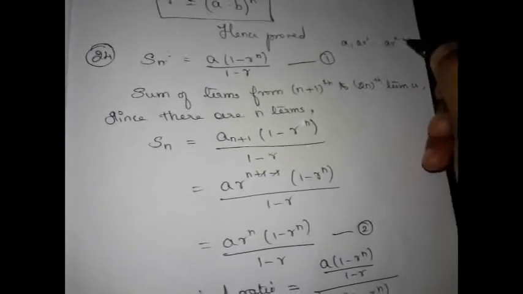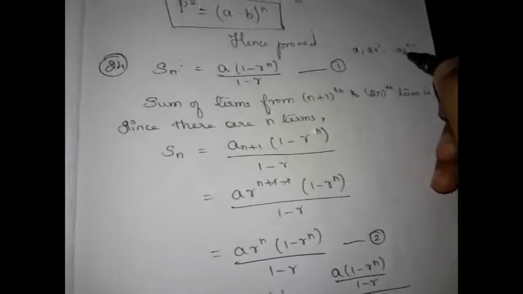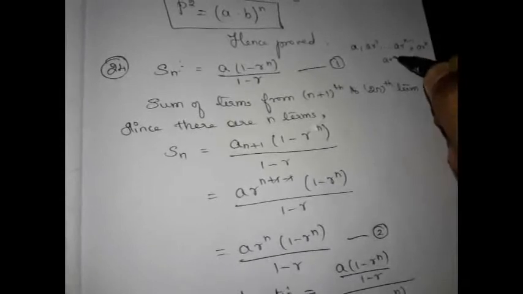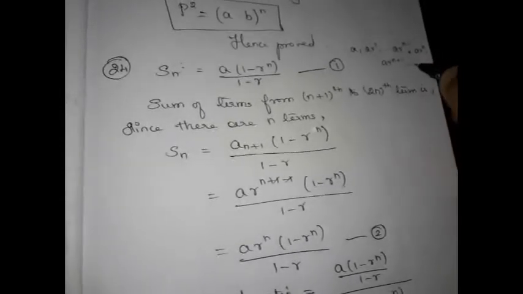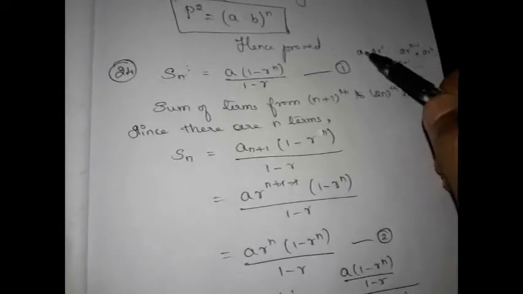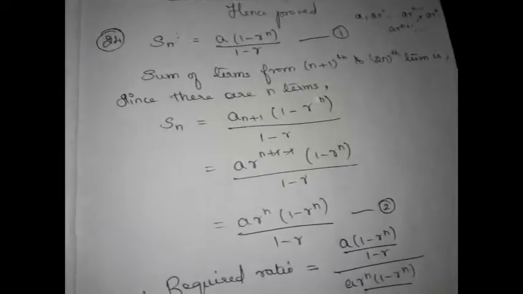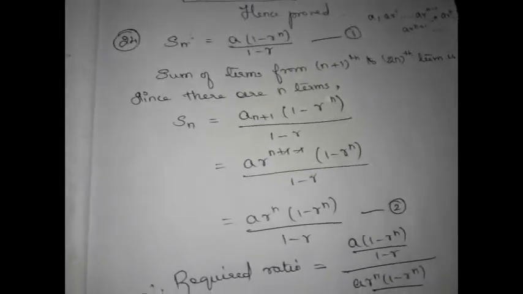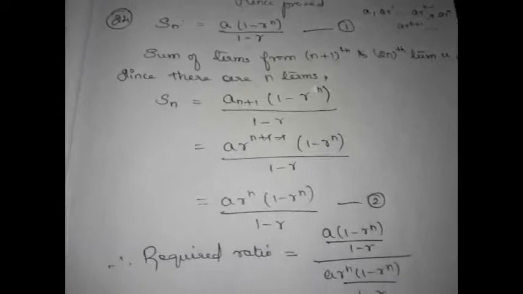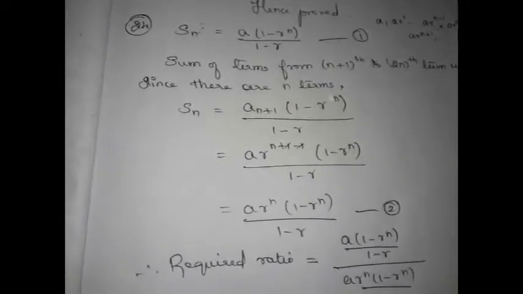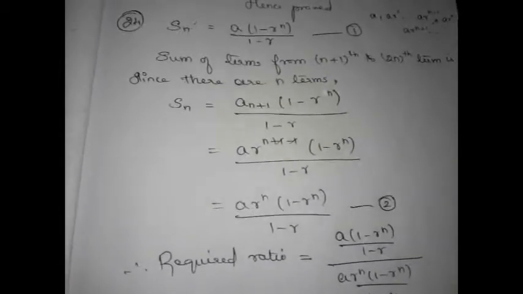A r power n minus 1 is going to be our nth term, then a r power n plus 1, likewise it goes on, right? That's what we need to prove here.